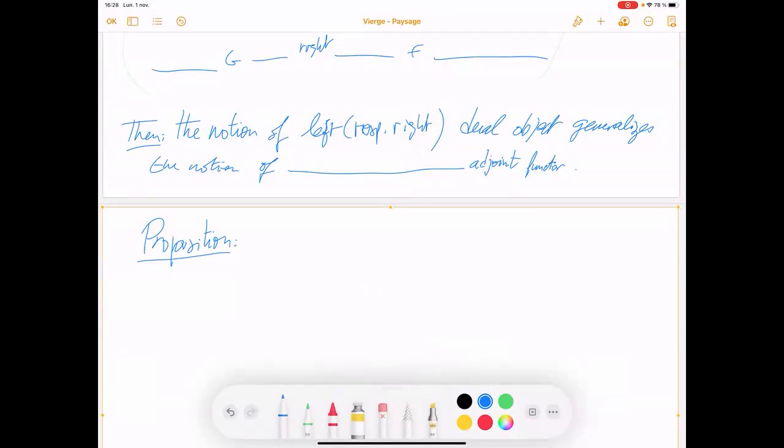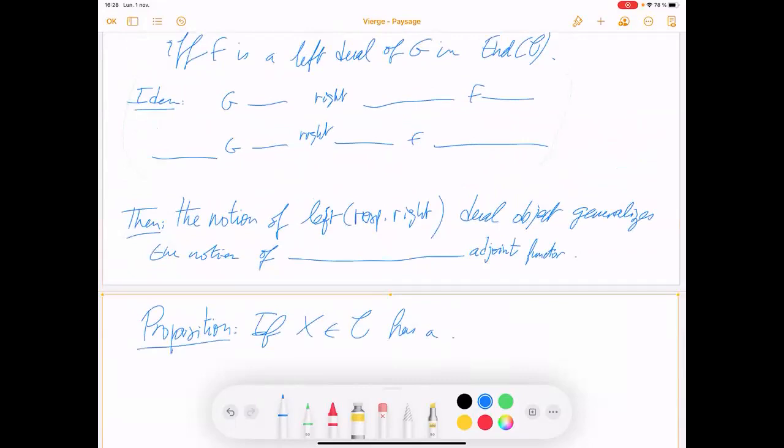I will state the proposition, I will prove it, and then I will reformulate the proof pictorially, and you will see the pictorial proof is very short and very easy. Immediate, in fact.